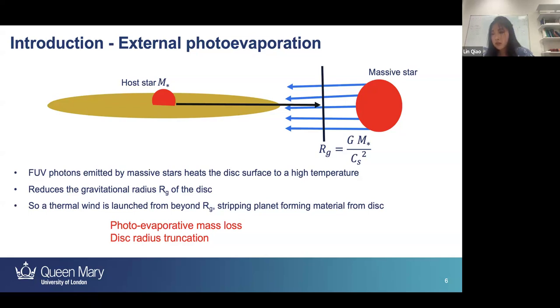Internal photoevaporation, I guess, gets more significant in the dispersal part of the disk, probably after the planets are formed. So right now it's not incorporated into the model yet.